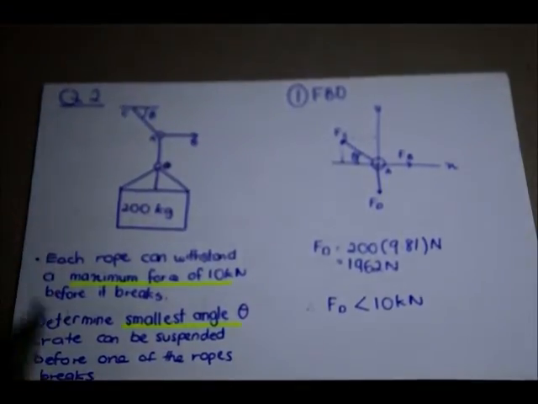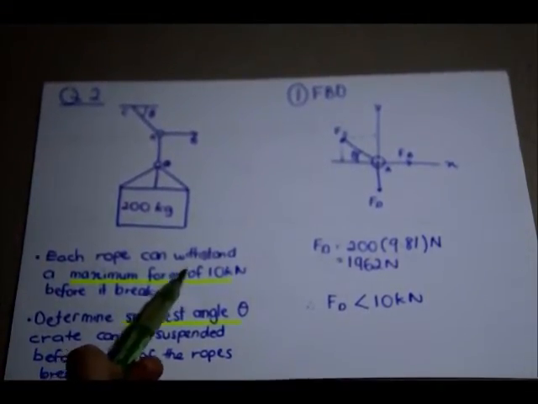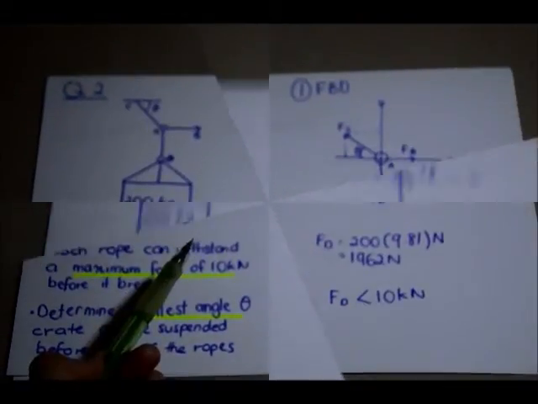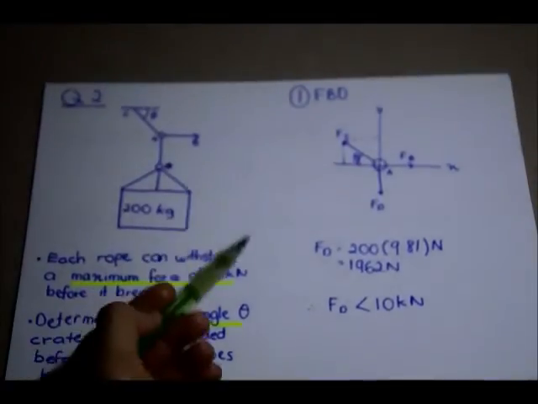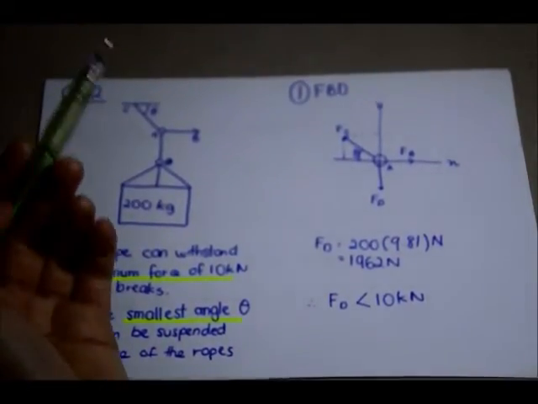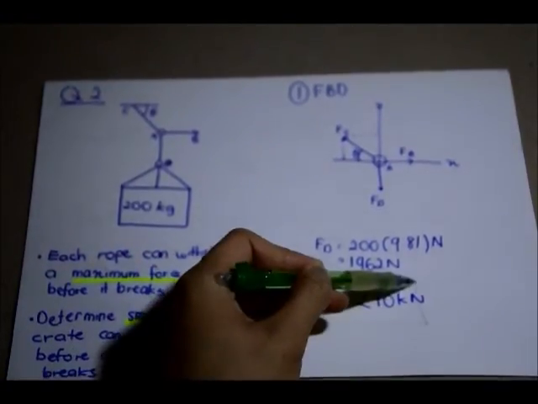We know that the maximum force that a rope can withstand is 10 kN. Therefore, we can see that rope AD will not break as its tension force is less than 10 kN.